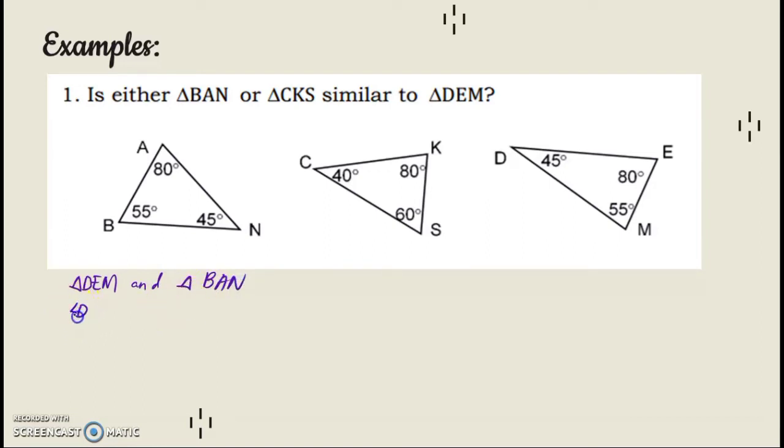So, si angle B, ano yung ka-corresponding niya? Ano yung kaparehas niya kay angle BAN? 45. So, therefore, is congruent to angle M. Okay? Next. How about angle E? Is it congruent to angle A?